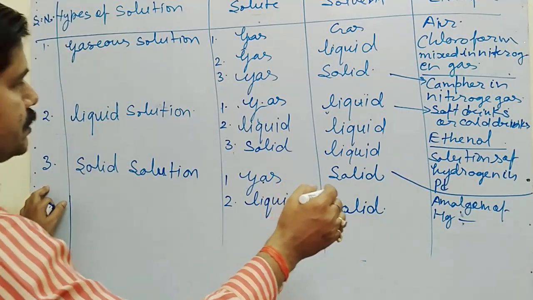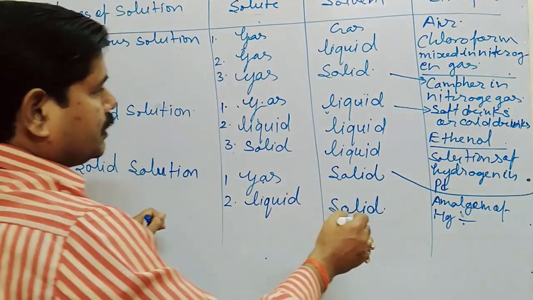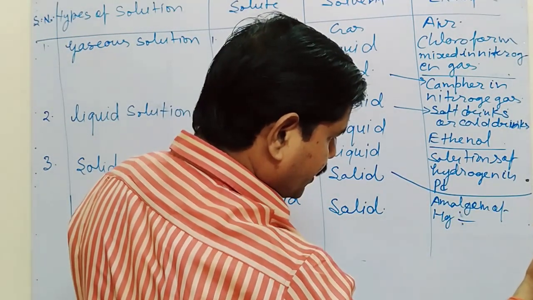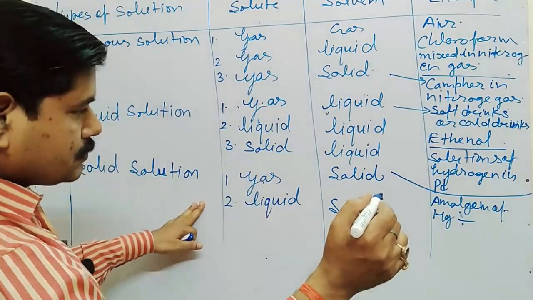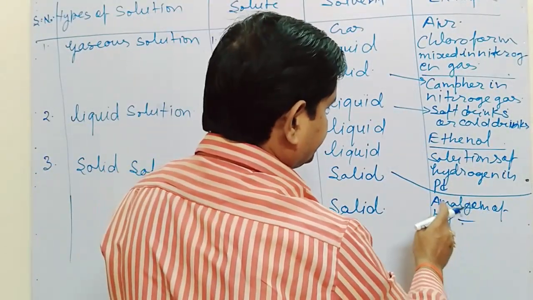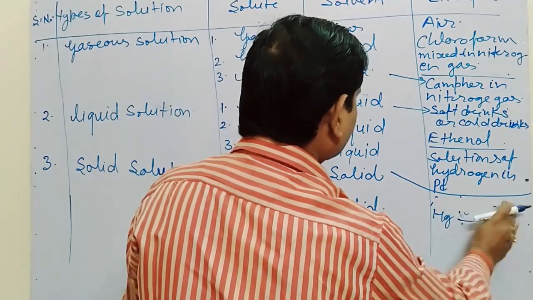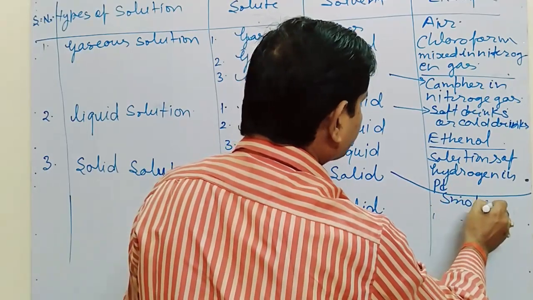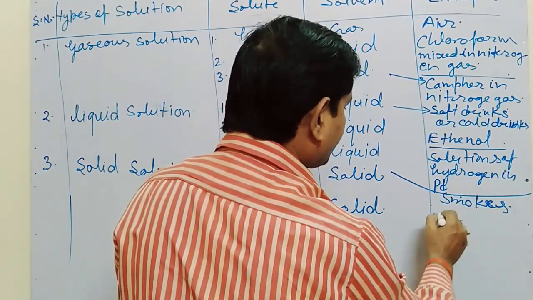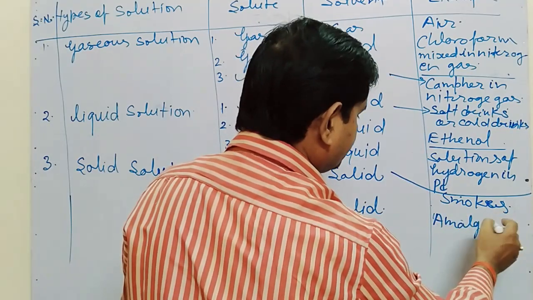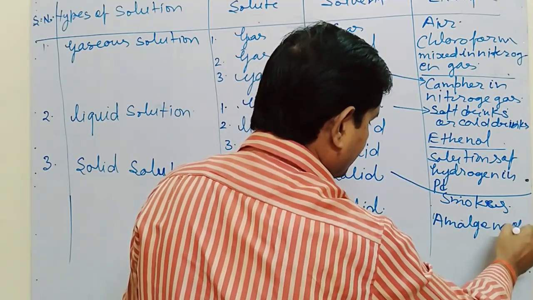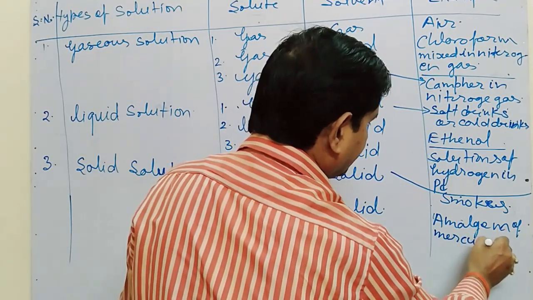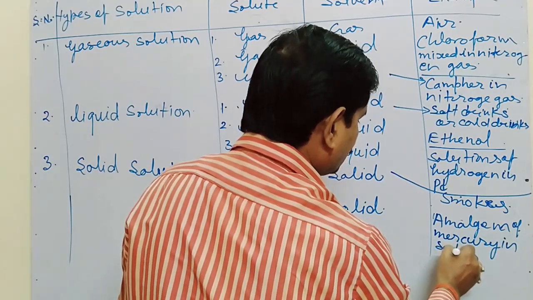These solutions are also known as smokes. Note, it is the amalgam of mercury. Gas in solid solutions are smokes, and liquid in solid is the amalgam of mercury in sodium.